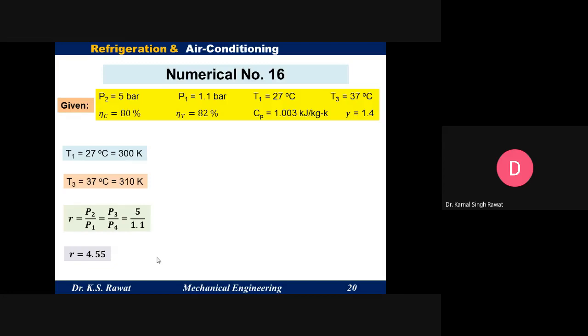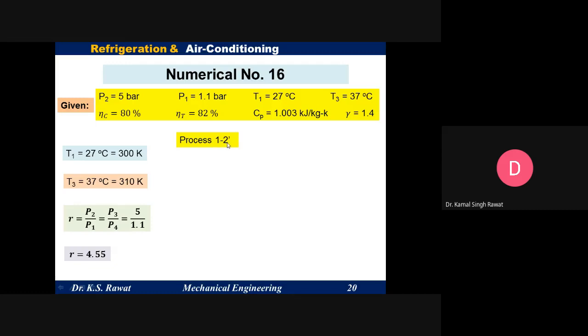Now, if the process is isentropic, so for the process 1 to 2 dash, point to be noted, I am talking about process 1 to 2 dash, and this is the ideal case. This process is isentropic.